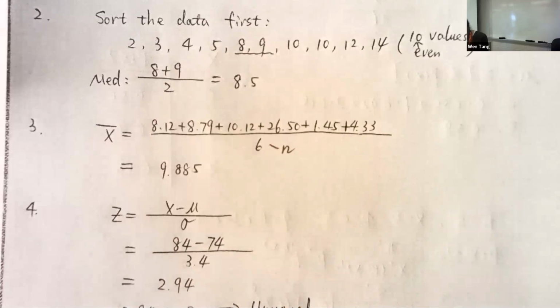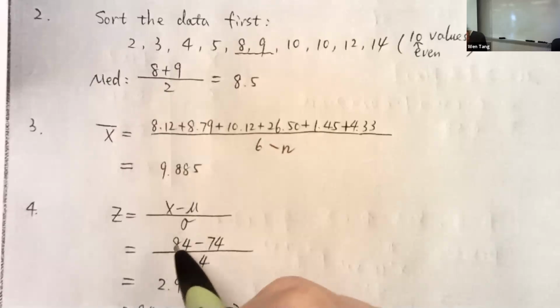Remember, we have the second part of the question. We're going to use the z-score to determine if that x value, 84, is usual or unusual.